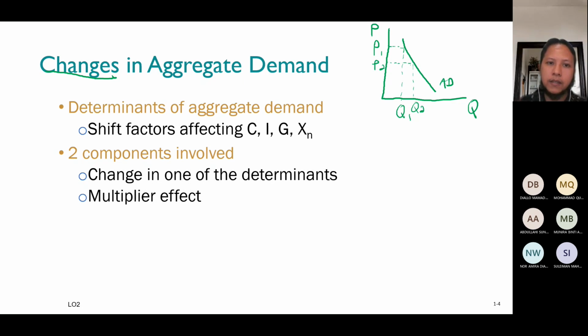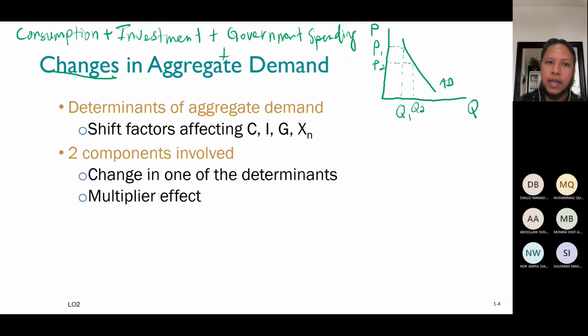Basically represented by C. Okay, so C is consumption, plus I, which is investment, plus G, which is government spending, plus XN, or you can say net exports.